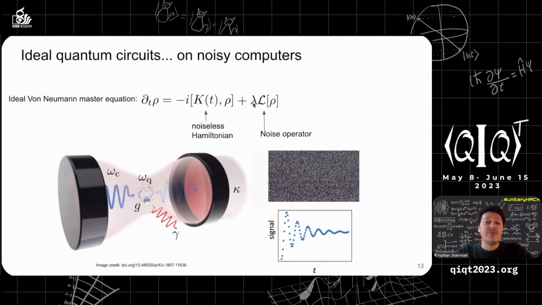So at lambda equal to 0, we have an ideal quantum evolution with no noise and leaks. With lambda greater than 0, let's say lambda equal to 1, we have a noisy operation. So generally, this is the context in which we are operating with quantum computers.